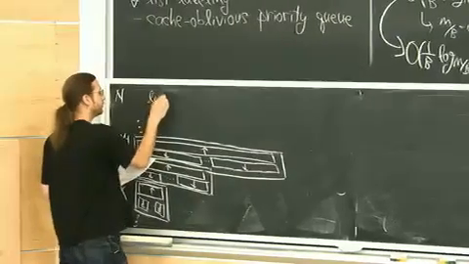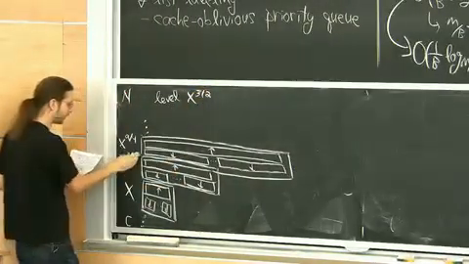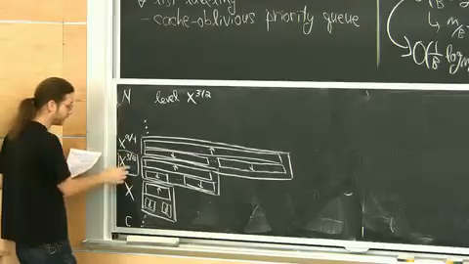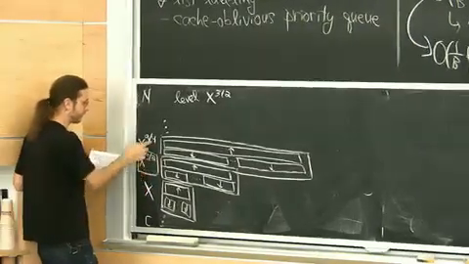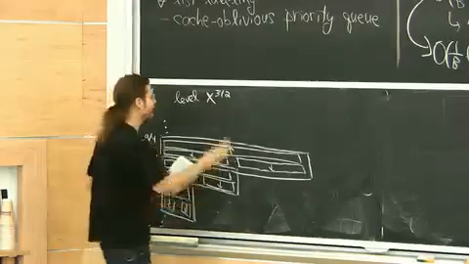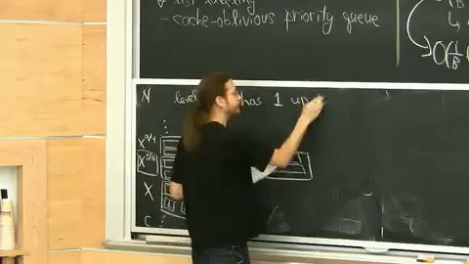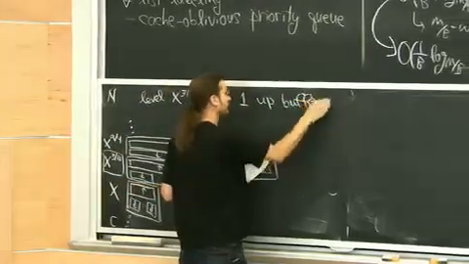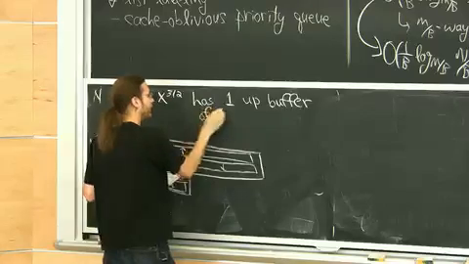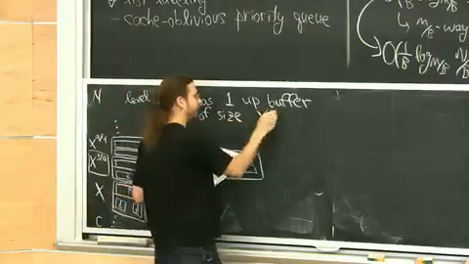So level x to the 3/2. We're going to generically be looking at x to the 3/2. So I can easily go down, that's of size x, and up is x to the 9/4. There's always one up buffer of size x to the 3/2.